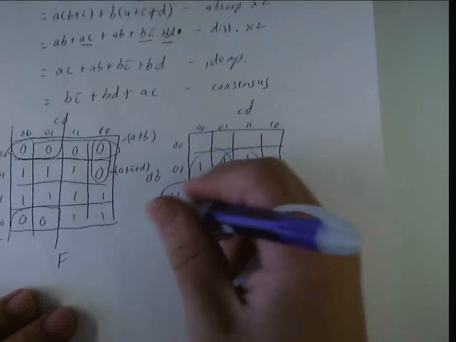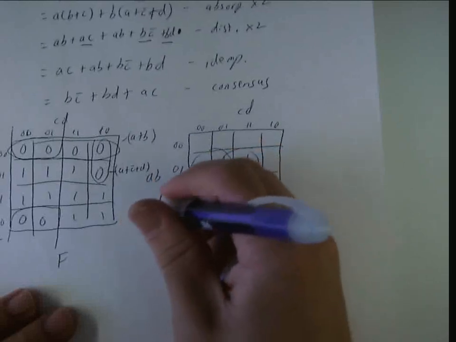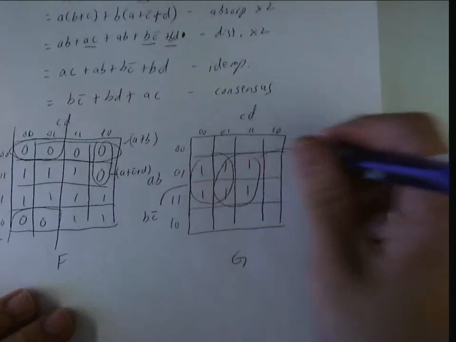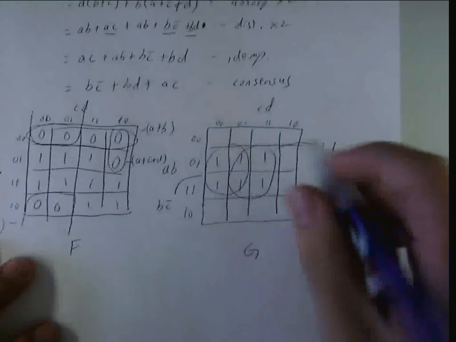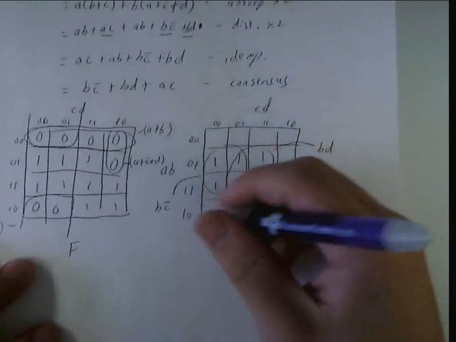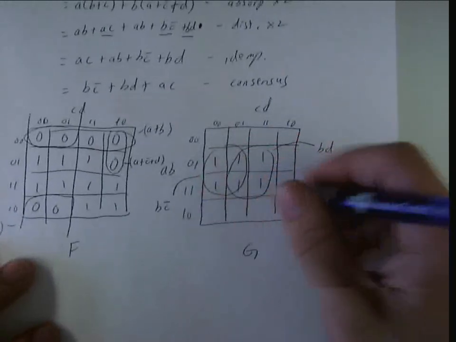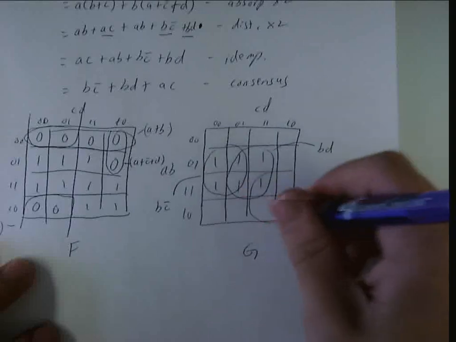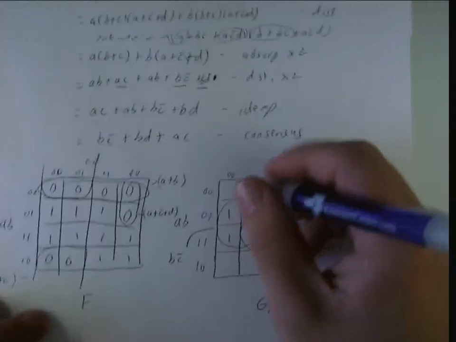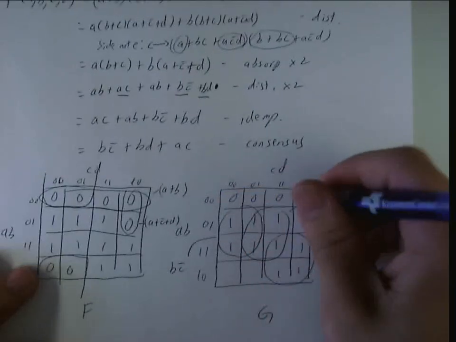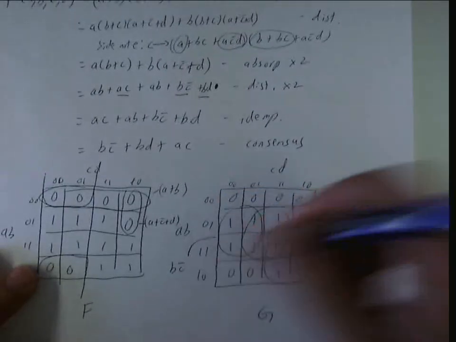So this is BC bar. This is BD. And then this is AC. So A is 1, C is 1, so that's over here. So that's this loop, like that. And the rest are 0s.